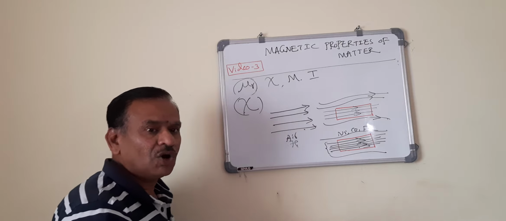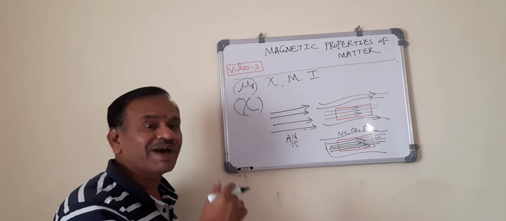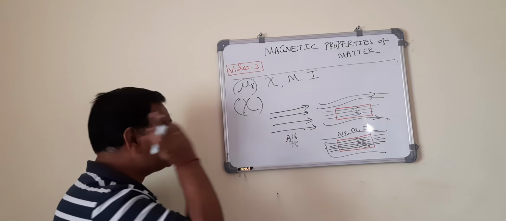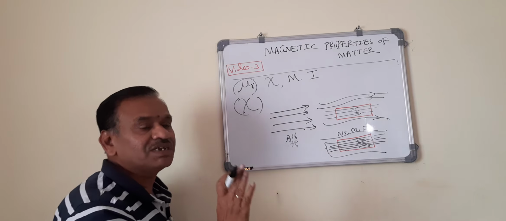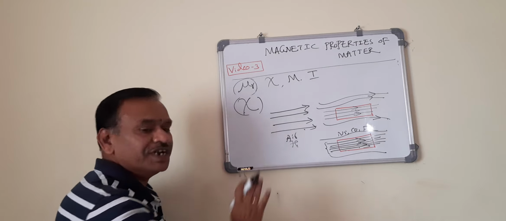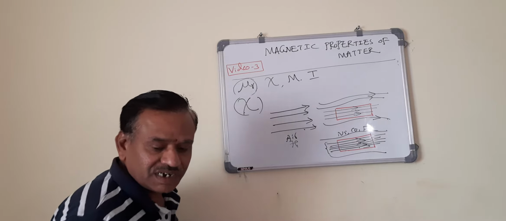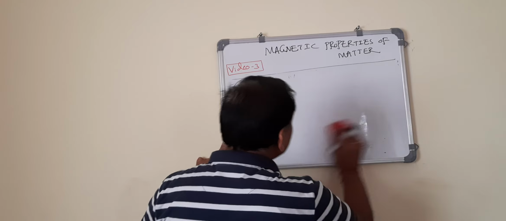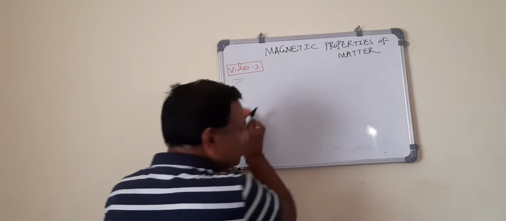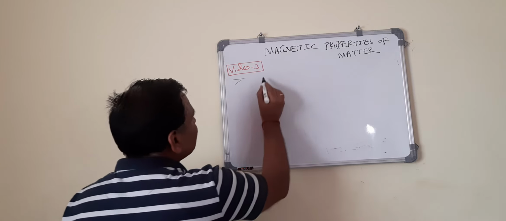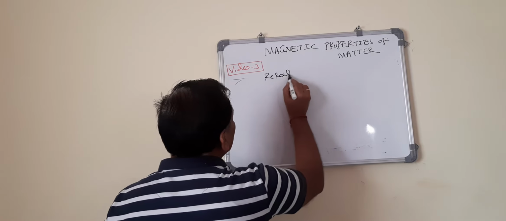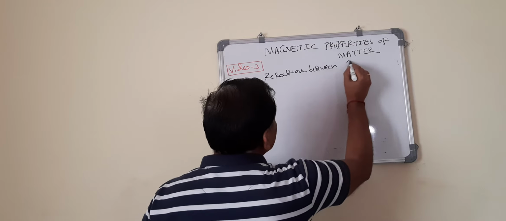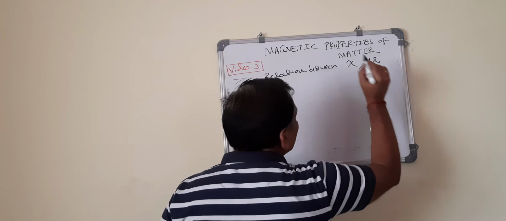That means how easily the substance can be magnetized is nothing but susceptibility, and it has no unit. Next is the relation between susceptibility and mu.